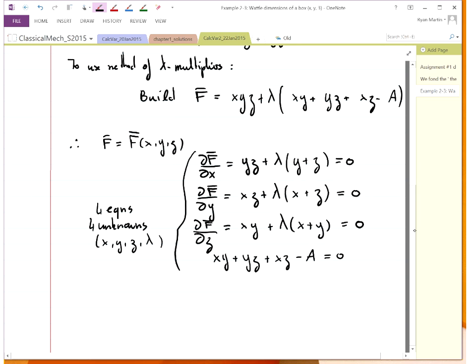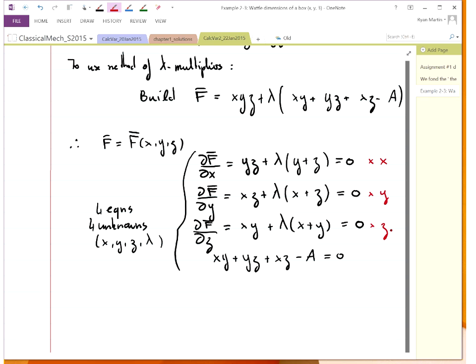Alright, so now it's just math. Well, I guess it's math the whole time. It's very boring math. So we can solve these equations. You'll note that if you multiply the equations by x, y, and z respectively, the first one times x, the second one times y, and the third one times z, then each of the equations has an xyz term in them.